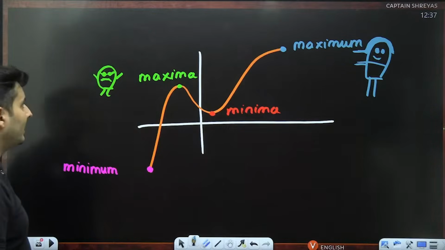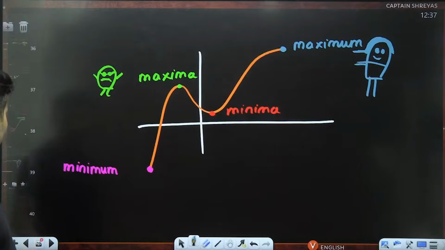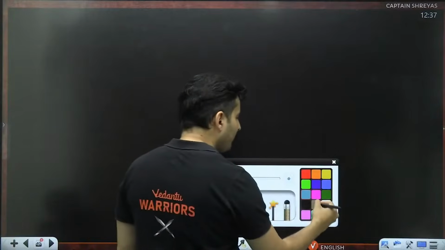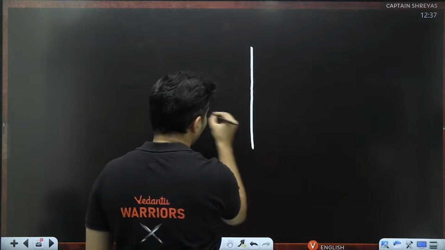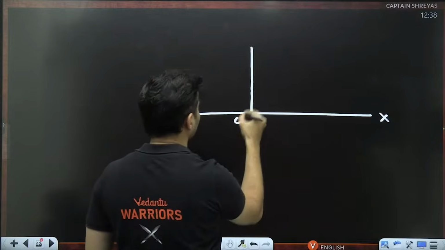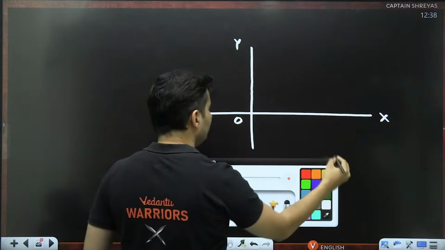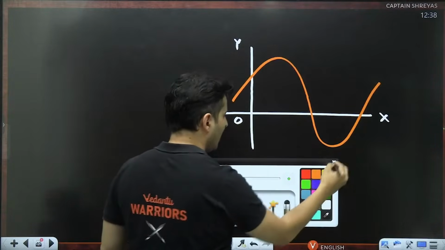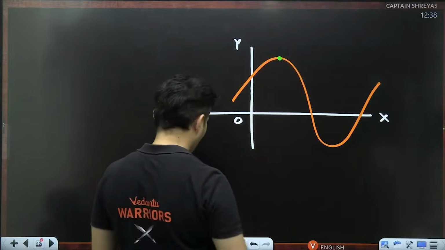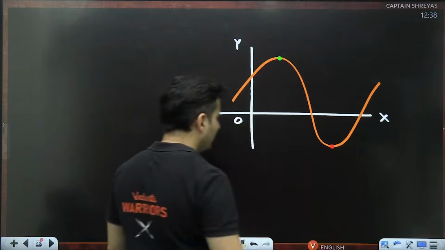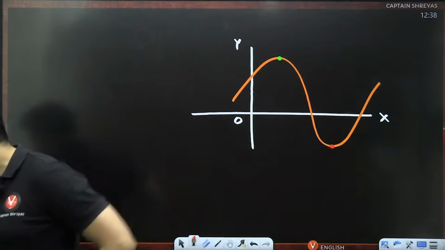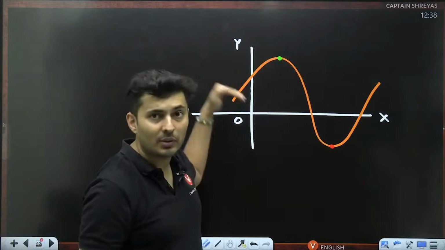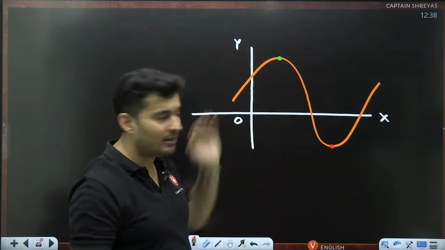Great. Now, how do you identify between the maxima and the minima points? Let's come to that now. It's very straightforward. Whenever you have a graph and you are looking at a maxima point or a minima point, one thing is common between both of them: at both these points, if you draw a tangent, the tangent is parallel to the horizontal.